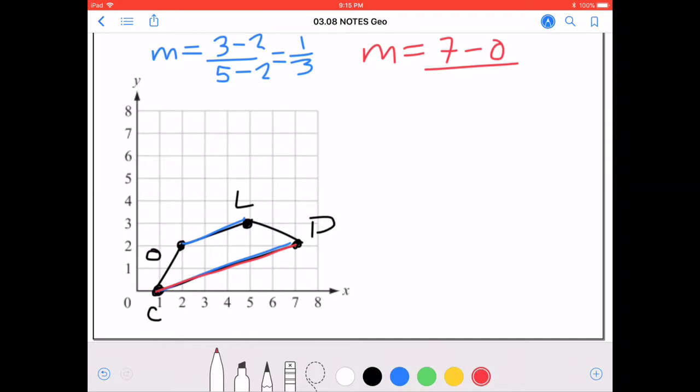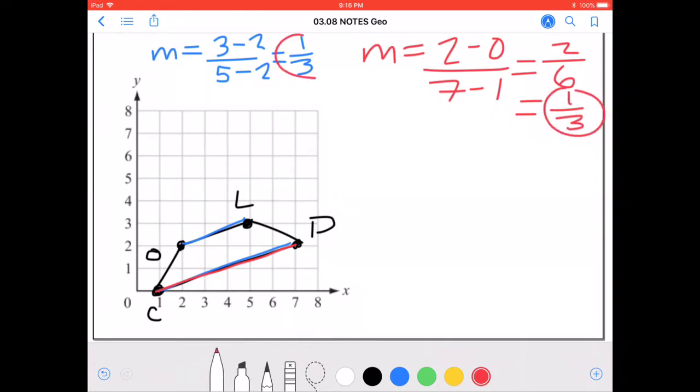Our y value of D minus our y value of C divided by our x value of D minus our x value of C. So here we get 2 on top, 6 on the bottom, and we can simplify that. What does that simplify to? Yep, 1 over 3. So our slopes are the same.